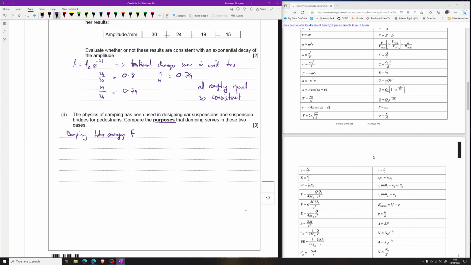Takes energy from the system, so prevents cars from oscillating, really, like a mass on a spring, after driving over a bump, something like that.